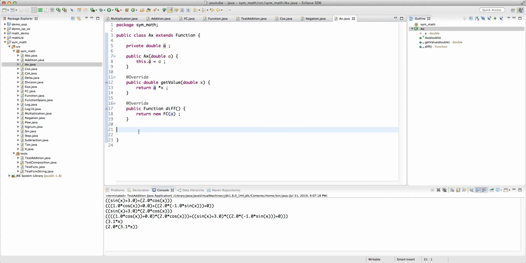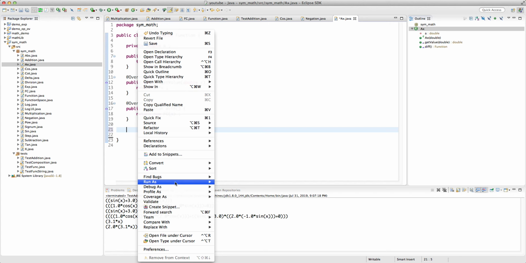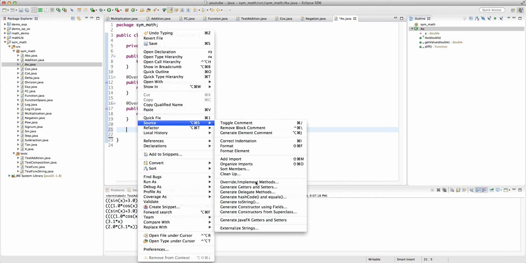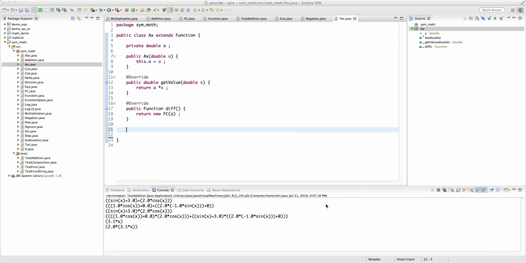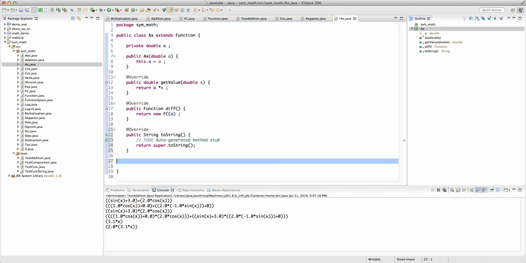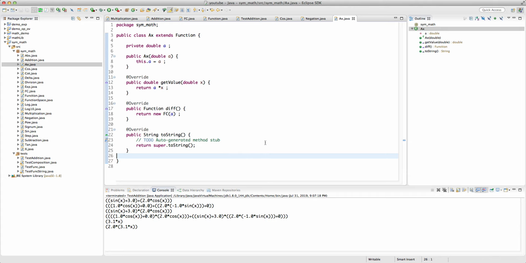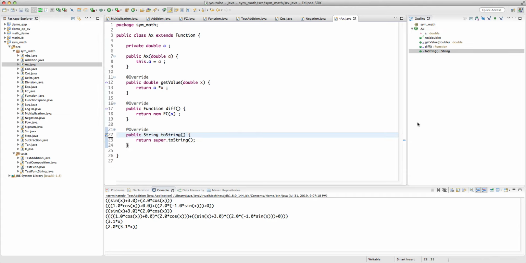When we override the toString method, we just do a times x, basically a plus times x, for example, something like this.